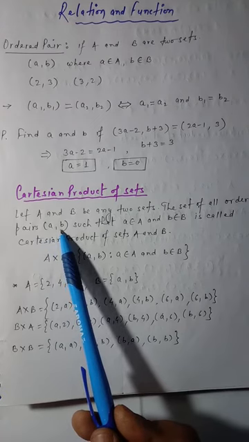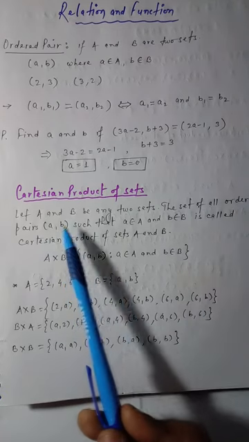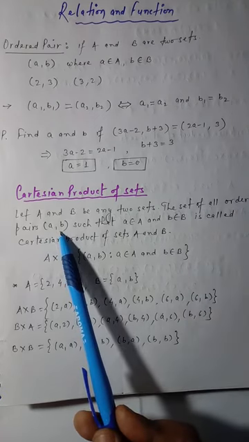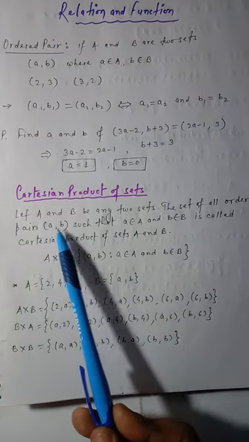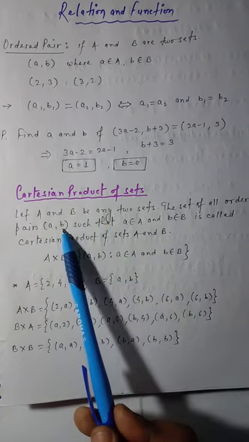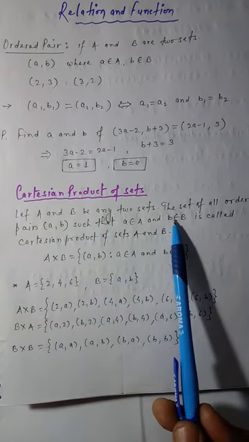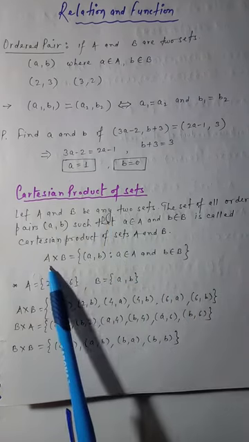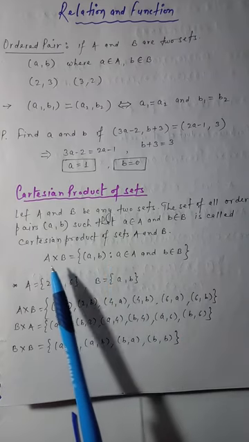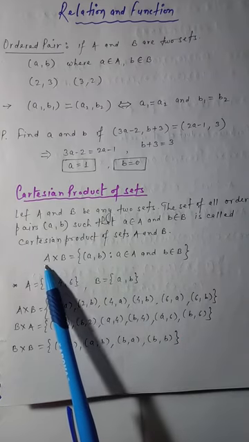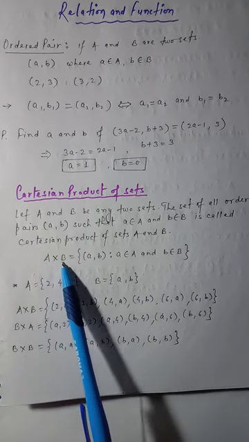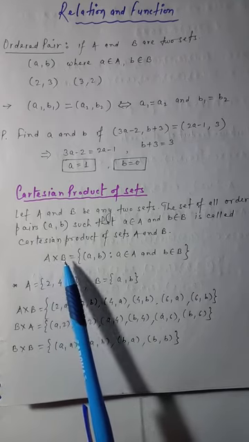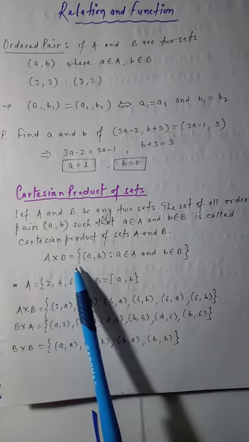So that's why I am saying set of all ordered pairs, such that a belongs to A, means the first element belongs to set A and the second element b belongs to set B. This is the representation of the Cartesian product of two sets. Like if A and B are two sets, then A cross B is the Cartesian product of A with B. So A cross B is equal to curly bracket.